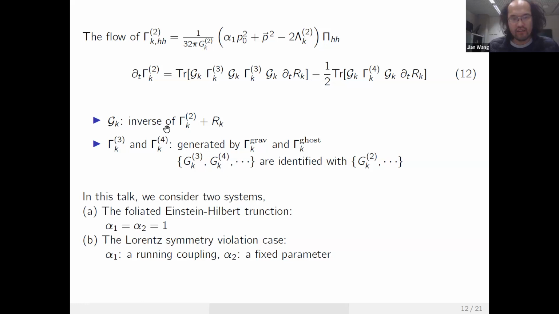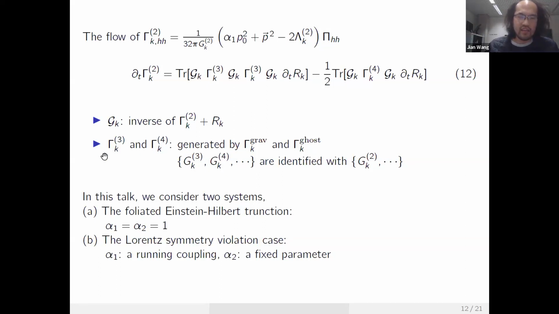Here the propagator is the inverse of the regular 2-point function. In our computation, the 3-point and 4-point vertices are generated by the two-derivative action in ADM form and also the corresponding Gaussian parts.